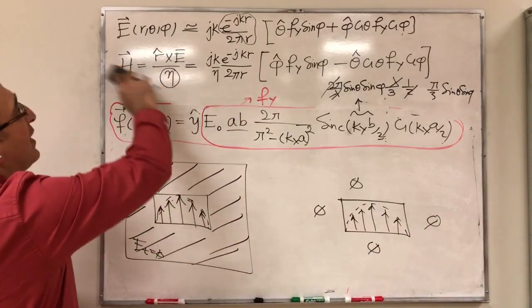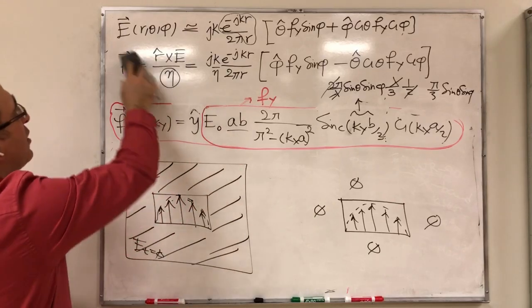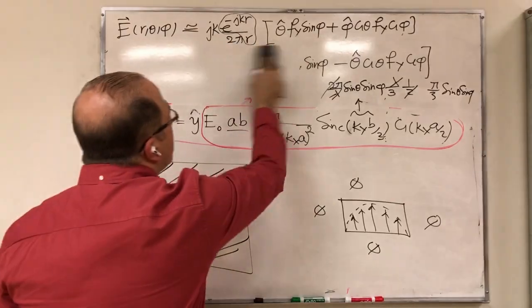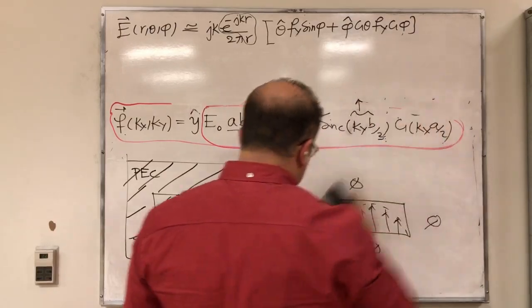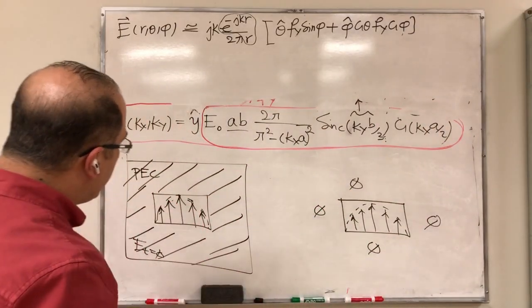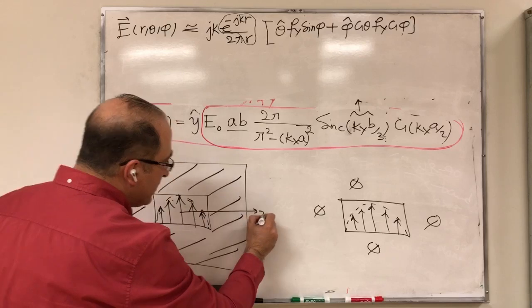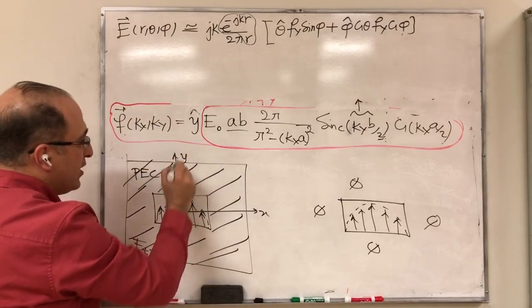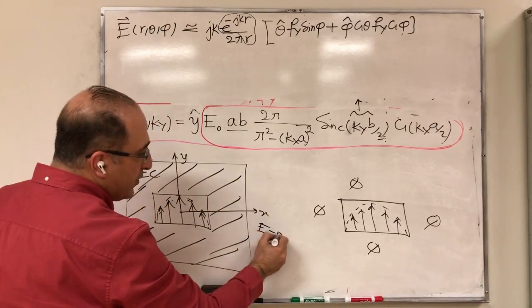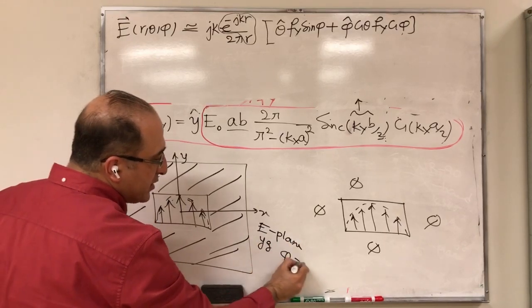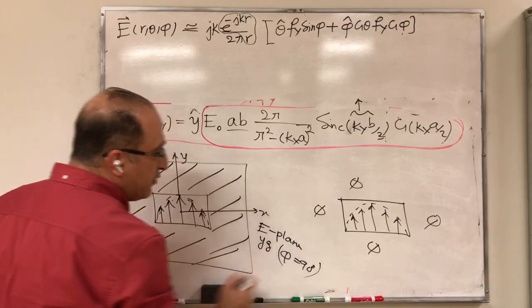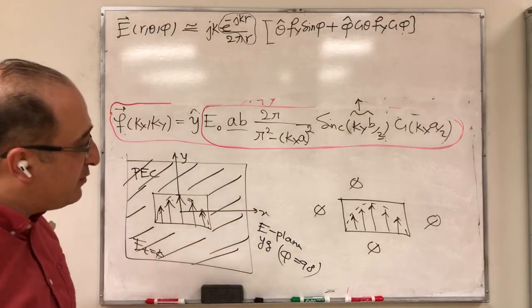Because if we know the electric field, we know the magnetic field, I'm going to remove the magnetic field from here, so that I can use this space. So remember, this was X, this was Y. E plane was YZ, and YZ is phi equal 90. That's what we stated in the previous lecture.